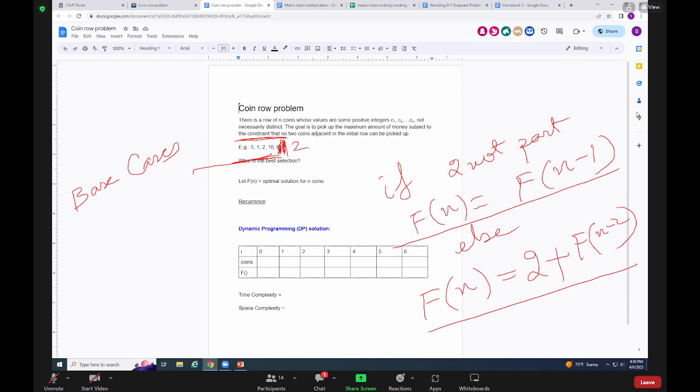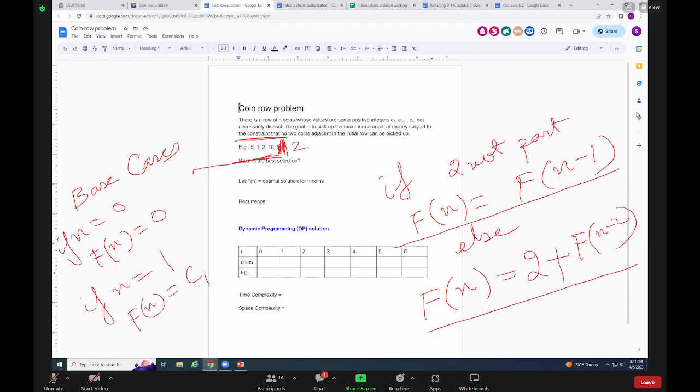Base case is if n is 0, then your f of n is 0, right? There's no value if you have no coins. If n is 1, it will just be the first coin, so f of 1 is equal to c1.